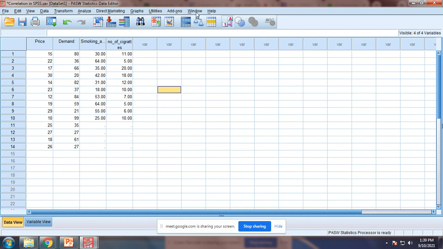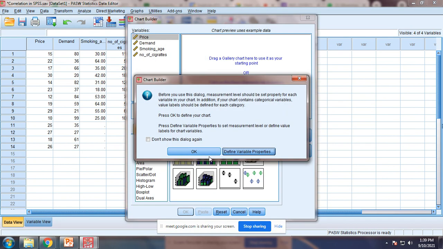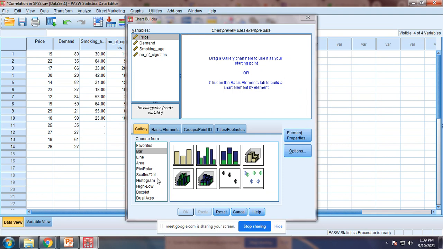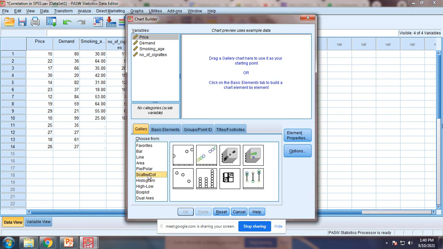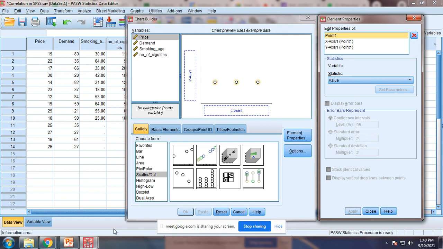Graphs, chart builder. You can click on OK, and here you can choose scatter and dot. Select this, drag and drop it in this particular area. You should get something like this.